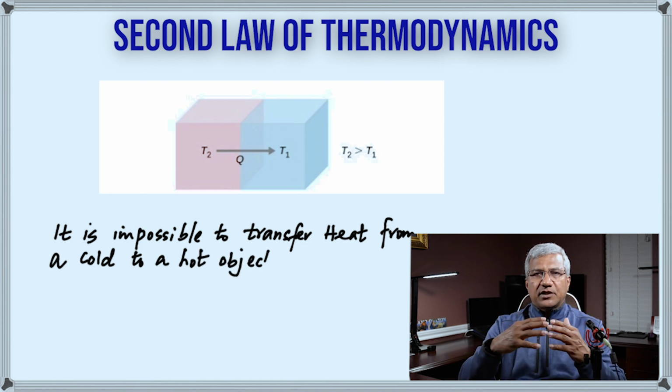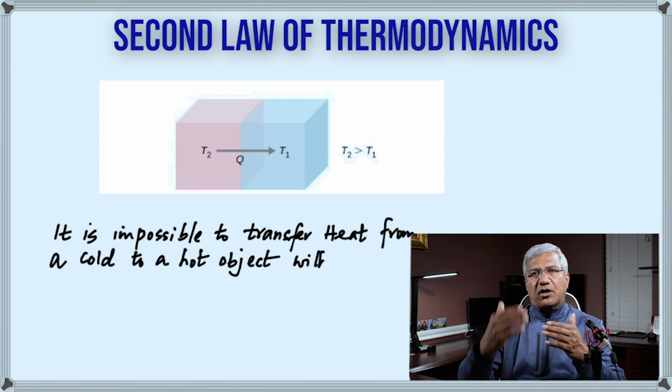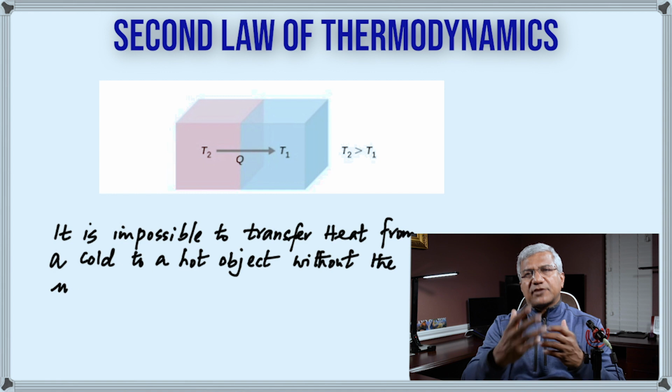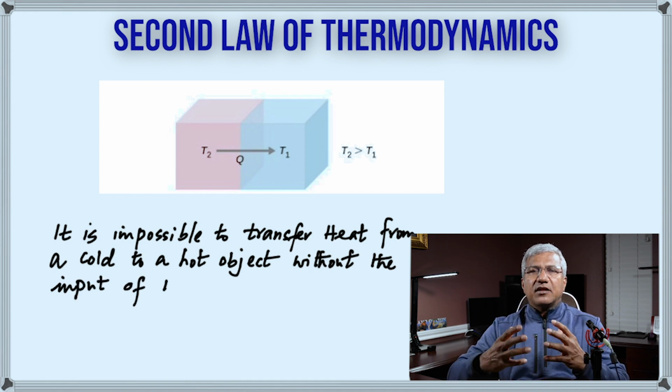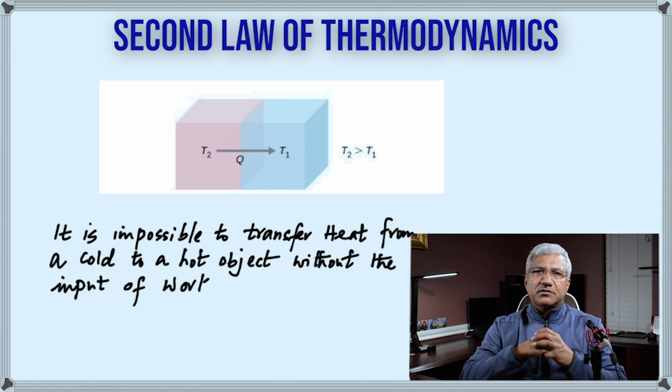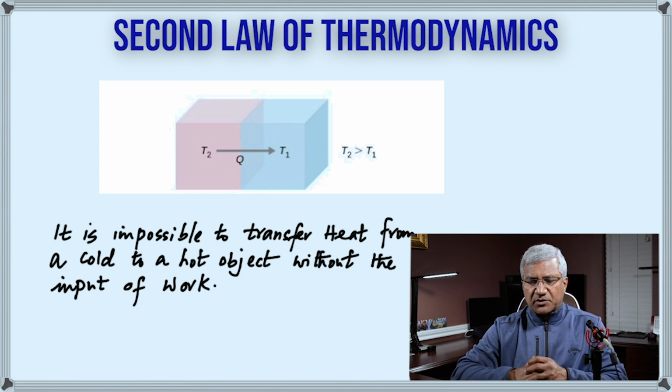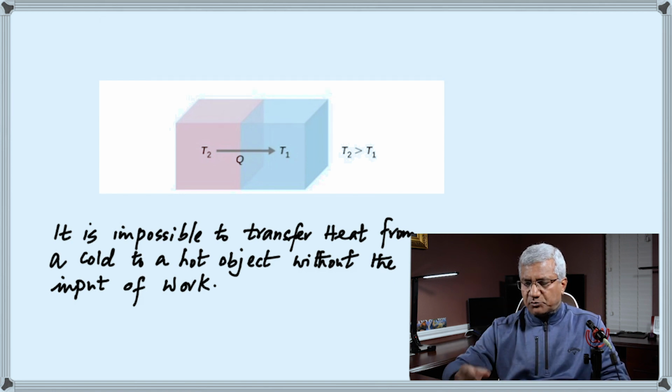Without us doing anything, it'll go by itself from the hot to the cold. But if we want to transfer heat from the cold to the hot, then we have to input work. It will not spontaneously flow from the cold to the hot. So that's the second law of thermodynamics. So here is a statement. It's impossible to transfer heat from a cold to a hot object without the input of work.